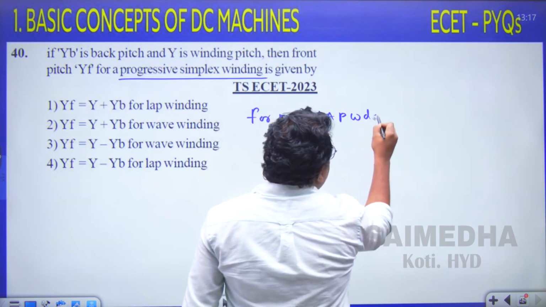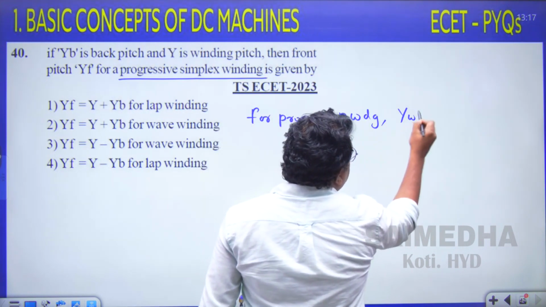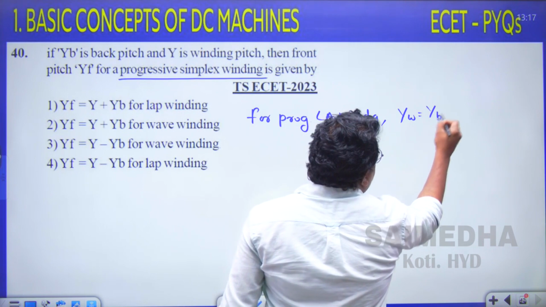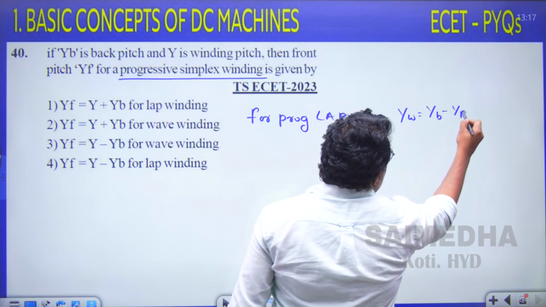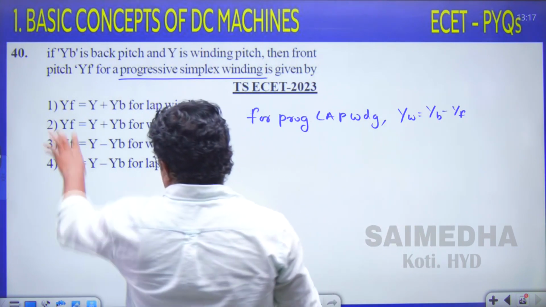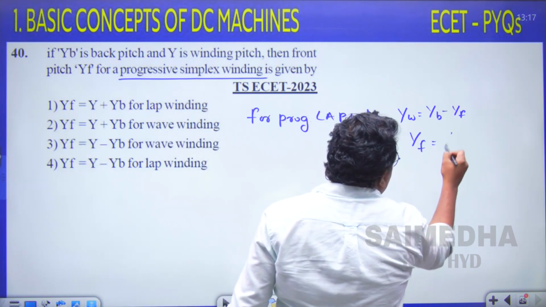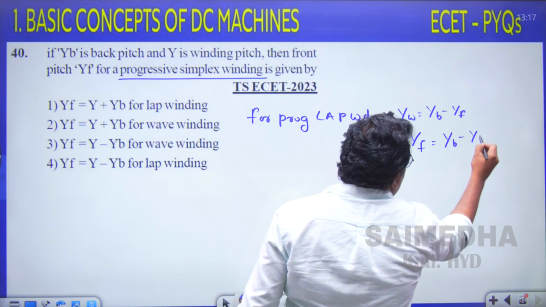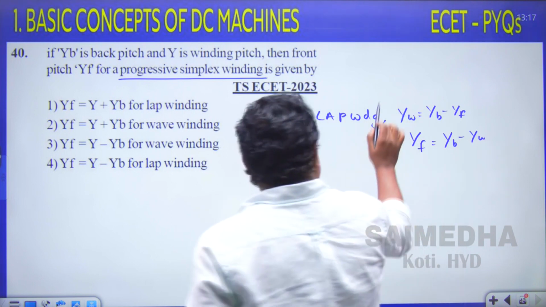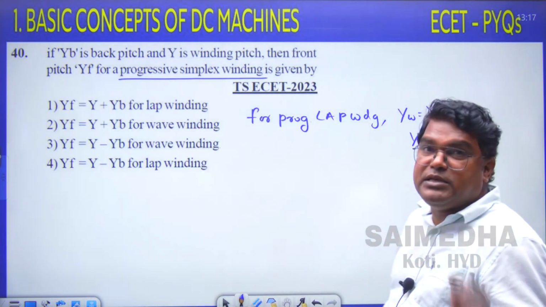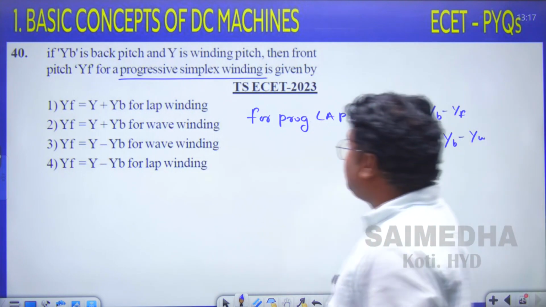So what is the winding pitch? YW is equal to YB minus YF. From here we can find YF is equal to YB minus the winding pitch, where W is the winding pitch, YB is the back pitch, and YF is the front pitch.